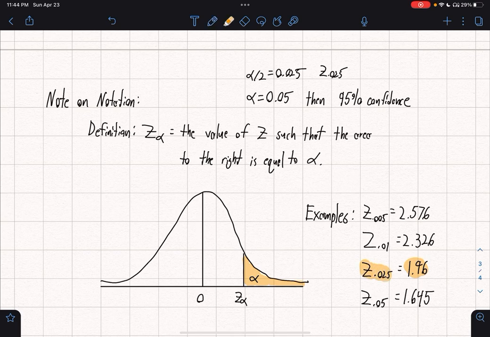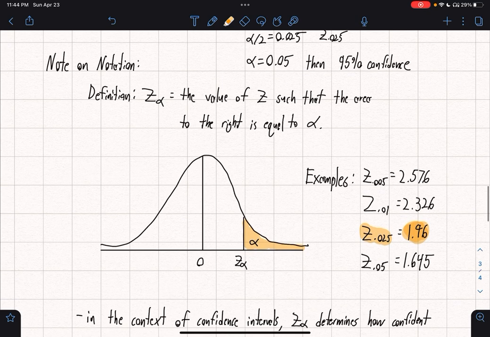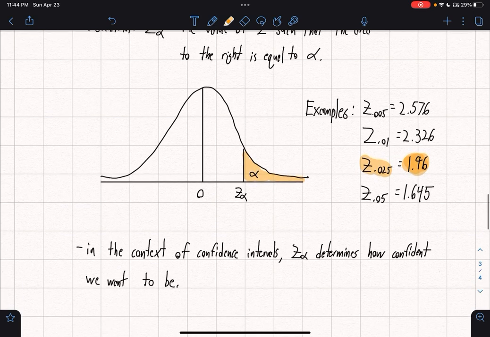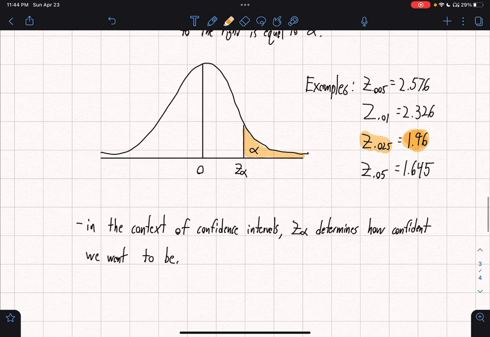Z 0.025 is 1.96. So in the context of the confidence intervals, the z alpha, or really our z alpha over 2, determines how confident we want to be. And like I said, we get to decide that before we move forward with any analysis.